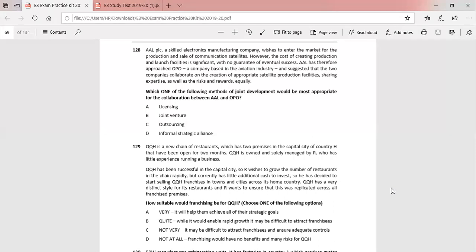They are coming together with an idea. AAL has approached OPO, a company based in the aviation industry, and suggested that the two companies collaborate on the creation of appropriate satellite production facilities. So they want to start their entity. They want to come together and start an entity.